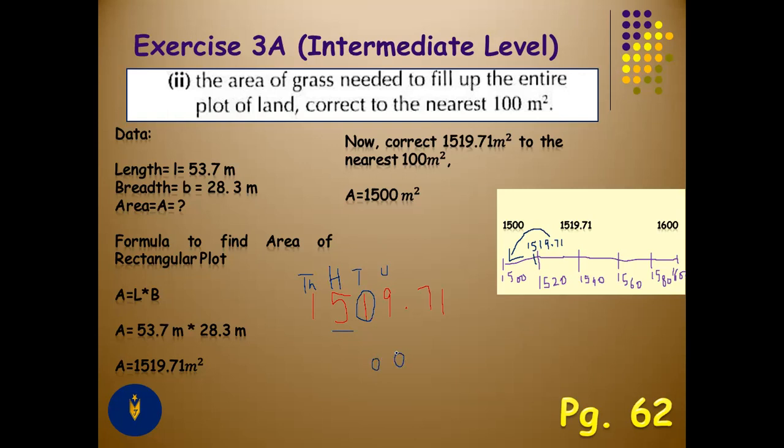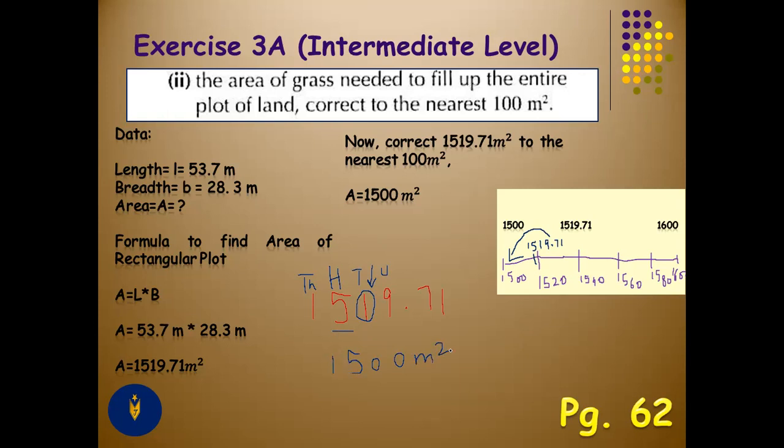Now we have to decide whether the circled value is greater than 5, less than 5 or equal to 5, and on that basis 1 will be added to the underlined value or not. Okay, so if you see this circle value, it is less than 5, so it means that we will do nothing. So the underlined value will remain as it is, so 1500 meter square.